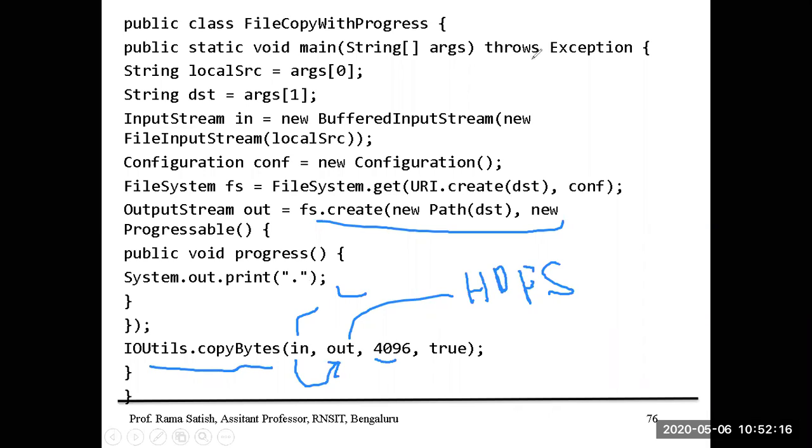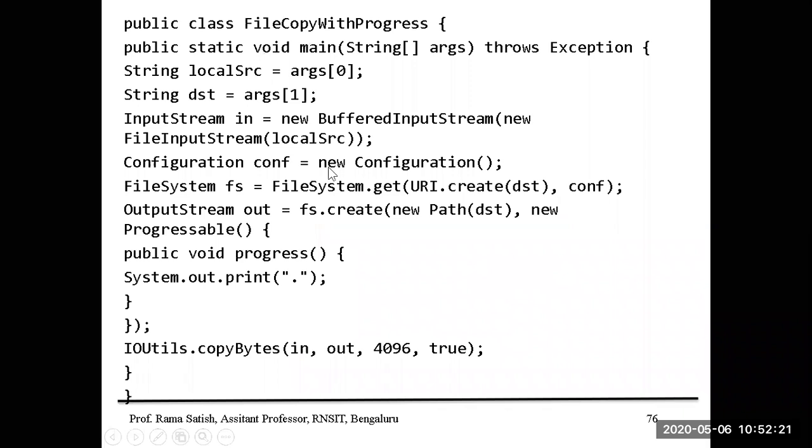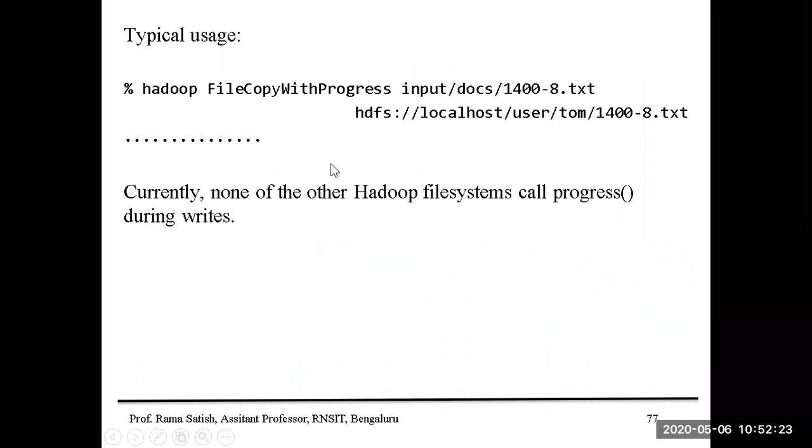The same program I can certainly demonstrate. Typically, you give hadoop the name of the class file, that is FileCopyWithProgress. You give the local file path and the destination file path. Suppose this is a very big file, imagine around 8 GB.